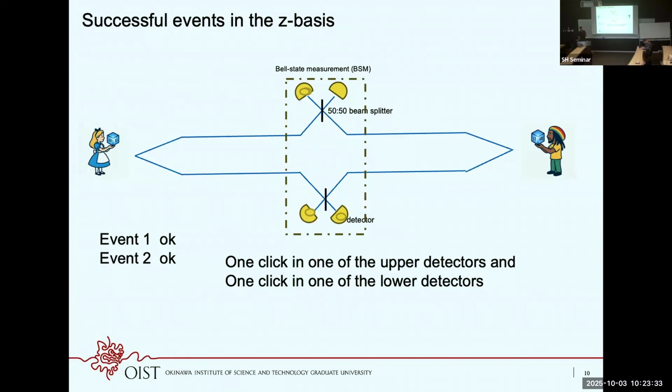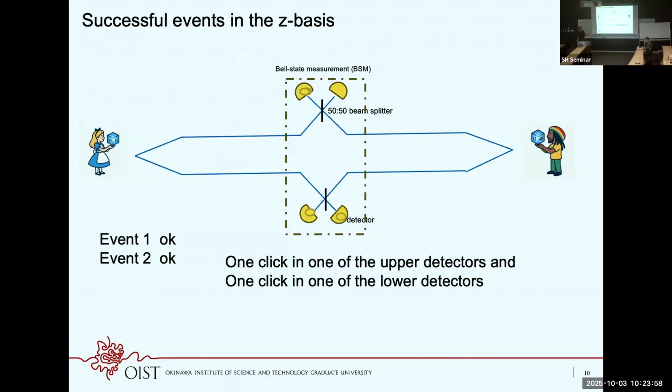Let's say Charlie has 50% chance to guess it, but if you assume that the key is very, very long, like many bits, then the probability is 1 over 2 to the power of the number of bits. So eventually, the probability that Charlie will know the whole key is very, very small. Okay, so that's the successful event.